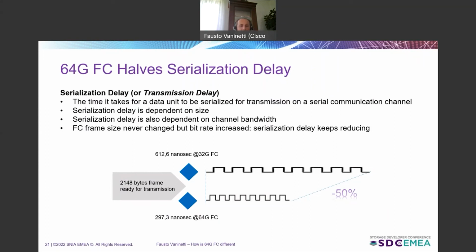But if you do that with 64 gig fiber channel, that will take only 297 nanoseconds, half of the 32 gig time. This is the implication of moving to a higher bit rate in terms of serialization delay, which in the end is a contributor to the overall link latency.